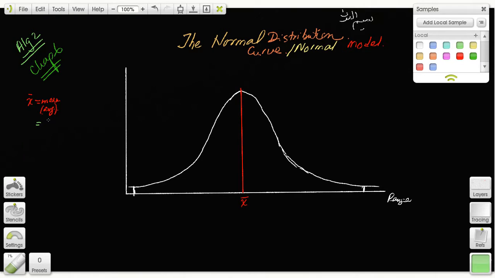It is also written as mu, or I've learned to combine these two: m for mean, and you can put a little mu there to remind yourself. So there are various different symbols that you can use for this, okay.